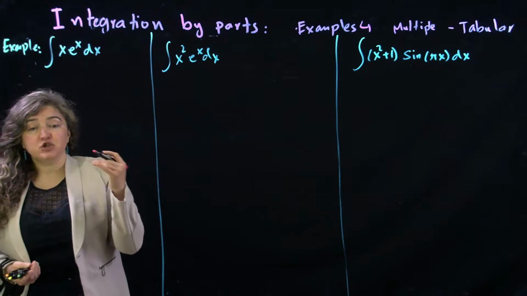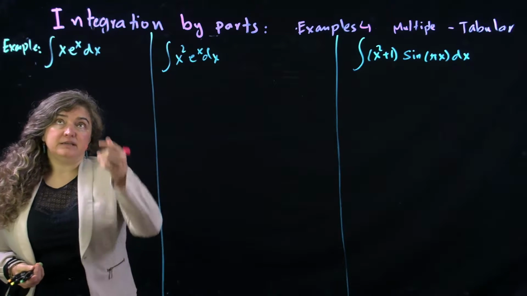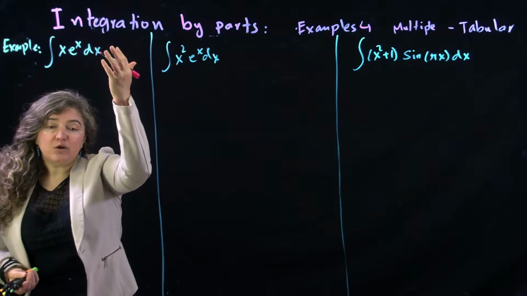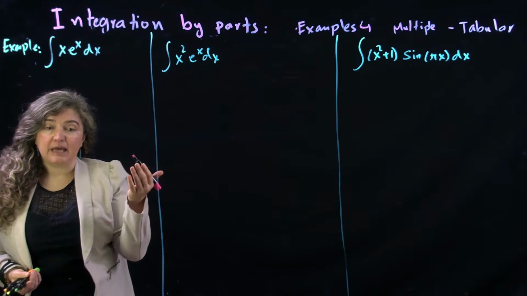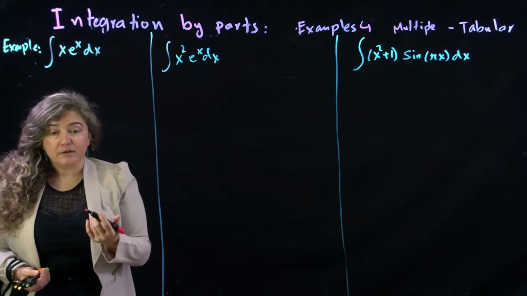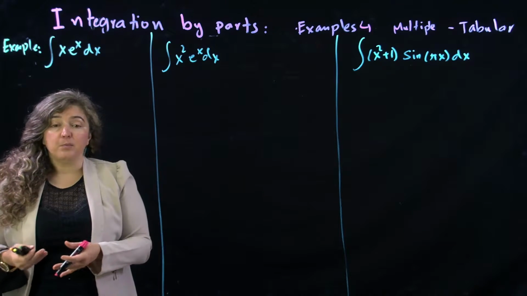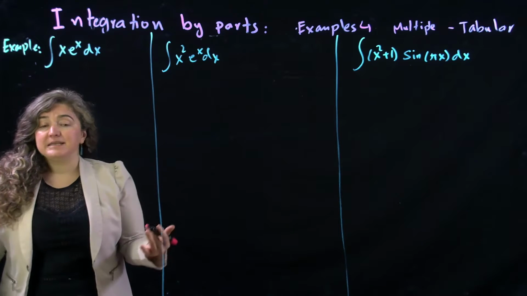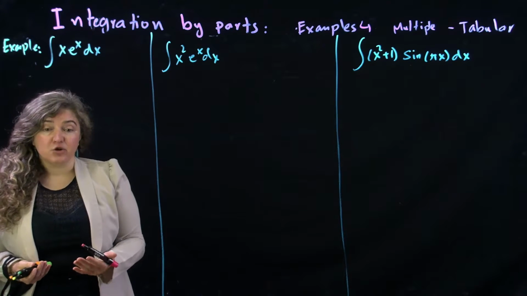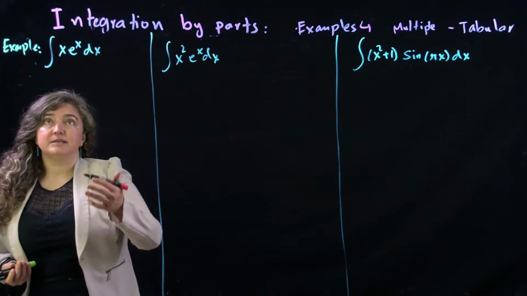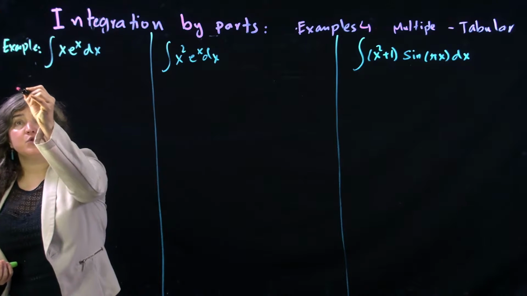So the choice of u and dv, we kind of figured out: well, I know how to take the antiderivative of e to the x. I know if I take the derivative of x, it would be 1, and therefore I will end up in my second line with the antiderivative of e to the x. So what was the story behind it?